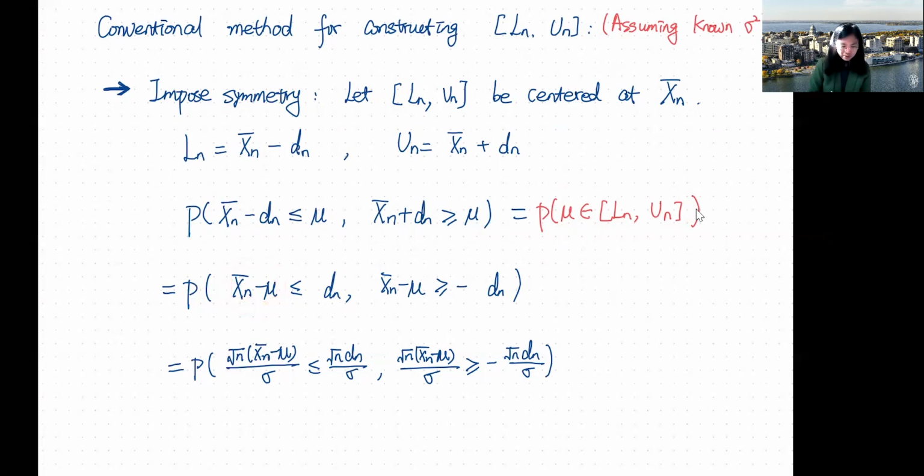To apply the central limit theorem, we also want to bring it even closer to the form that the central limit theorem has something to say about. So I multiply Xn bar minus mu by square root n, multiplying square root n to both sides.